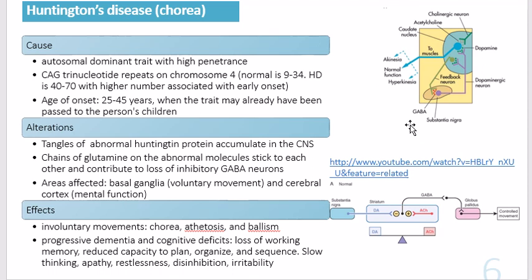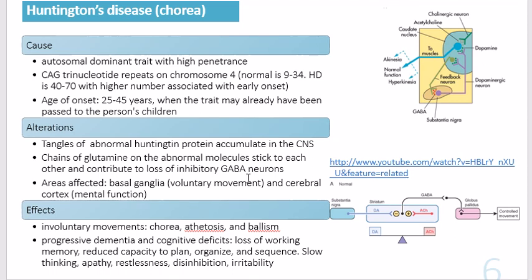So these GABA-producing neurons are found within the basal ganglia, and they are also found within the cerebral cortex. Because of the loss of this inhibitory effect from GABA, we end up with a loss of voluntary movement control, because of the alterations within the basal ganglia.